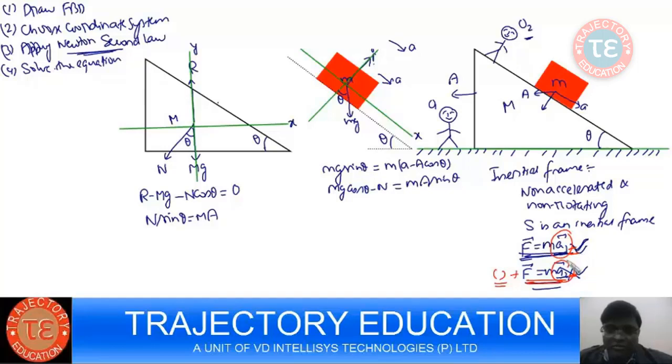Instead of disturbing A1 and A2, which will be tough to make O2 understand, since there is some acceleration which he is not observing, if I put some term over here such that this equation becomes the same, your work is done. And that you can do.